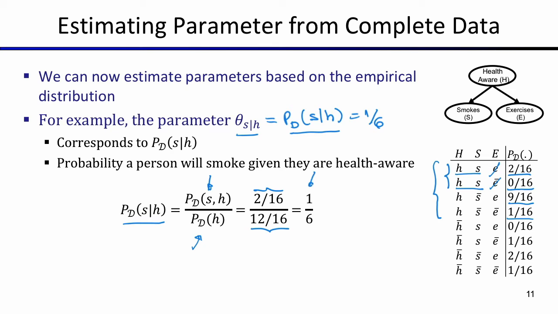So we are interested in the probability of S and age. We go directly to the data and we count the number of cases that we have. So we're going to come out with the number 2. And we go directly to the data and we count the number of cases that we have a health aware person. So we come out with the number 12. And from this ratio here, we compute 1/6. So it's more common and more efficient in terms of processing and memory to go directly from the data to the frequencies.